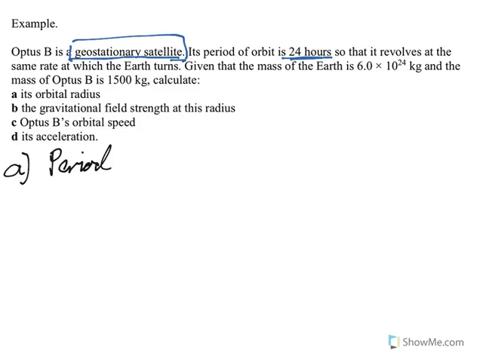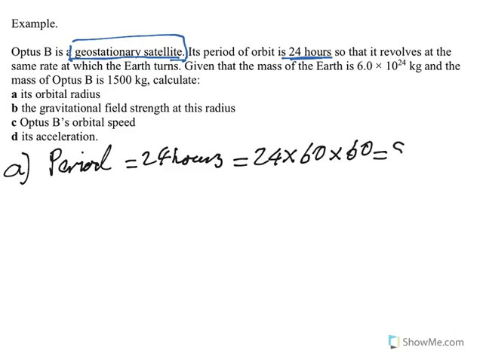What is the period? The period is 24 hours. Now, 24 hours has 60 minutes in each hour, which has 60 seconds in it. So that's 86,400 seconds.